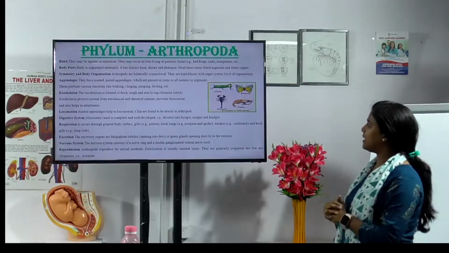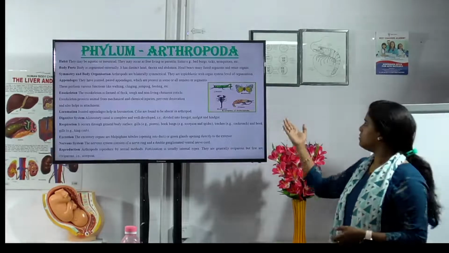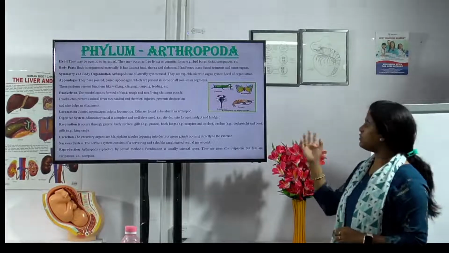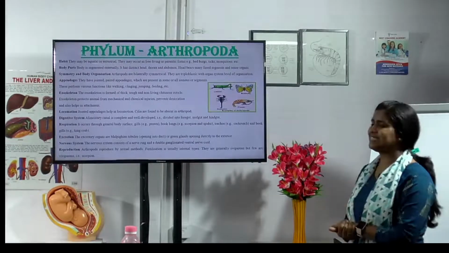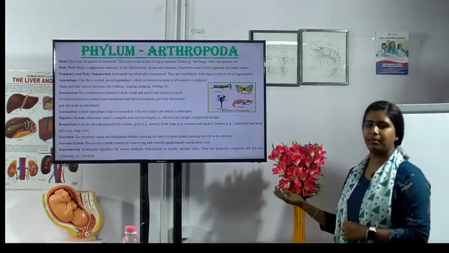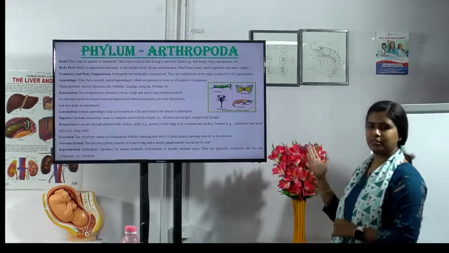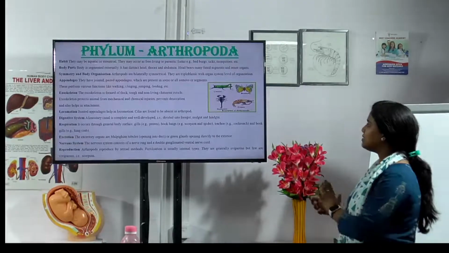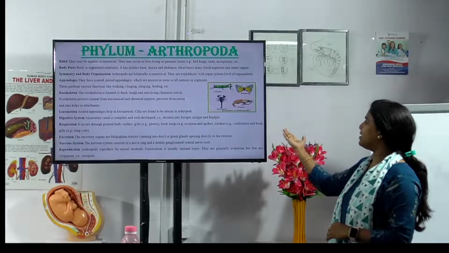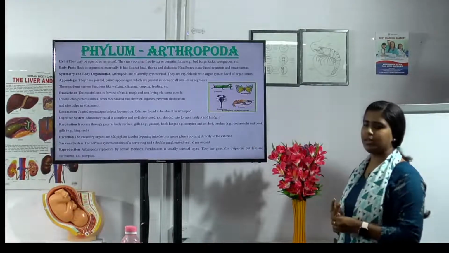Appendages can be used for walking, jumping, movement, feeding, etc. The exoskeleton is formed of a thick, tough, non-living chitinous cuticle, and it protects the animal from chemical and mechanical injuries. Locomotion is through appendages. The digestive system is very complete and well developed, divided into foregut, midgut and hindgut. Respiration is through the general body surface or gills.